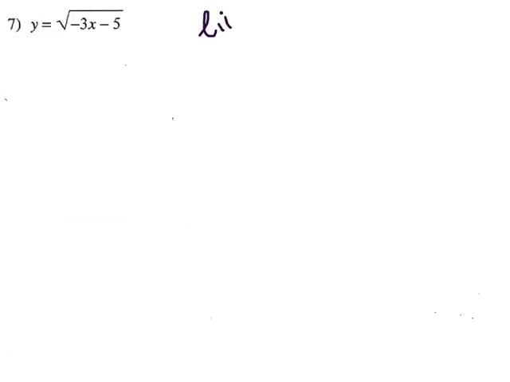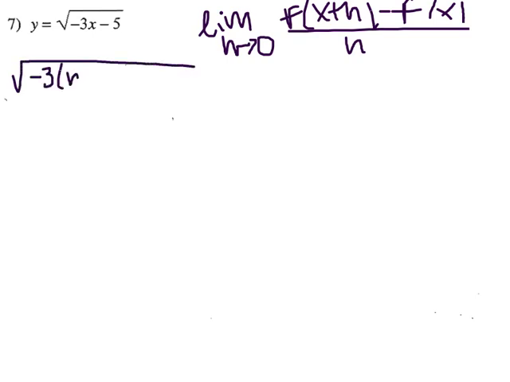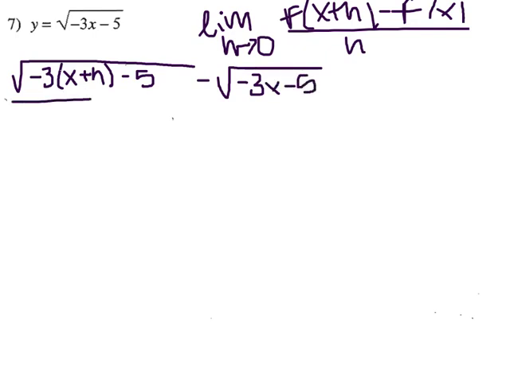Here we go. The limit as h approaches 0 of f of x plus h minus f of x, all over h. So we will have the square root of negative 3 times x plus h minus 5 minus the square root of negative 3x minus 5 all over h.